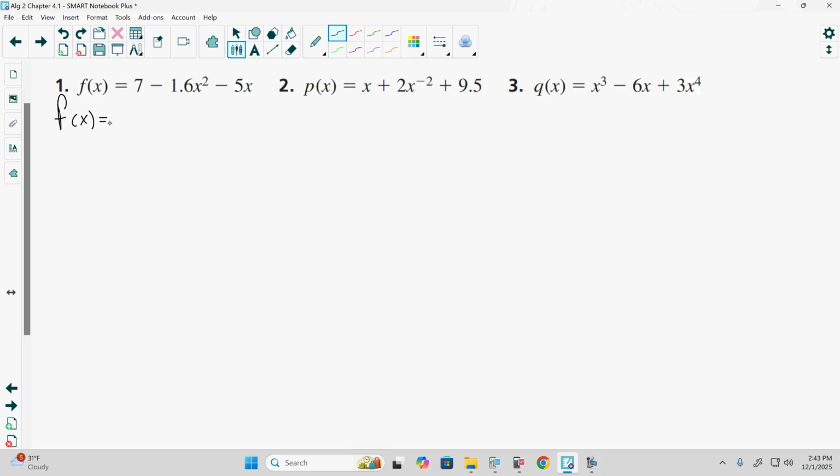So since it is a polynomial function, first we need to make sure it's written in standard form. Is it? No, our negative 1.6x squared should be first. Then our next term should be negative 5x, and lastly, positive 7, so plus 7.